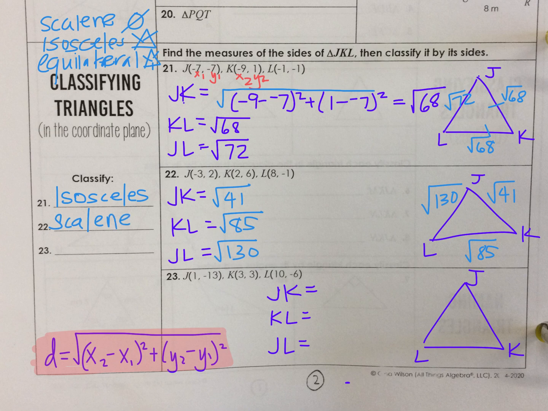Okay, this next one, I will tell you that JK is 260, that KL is 130.